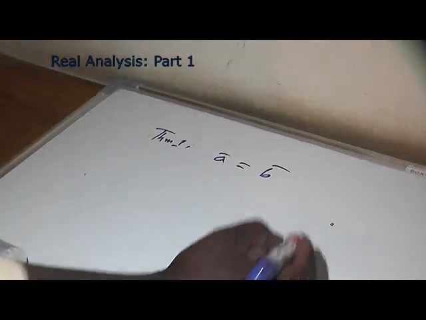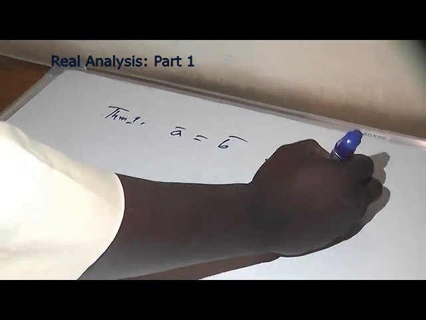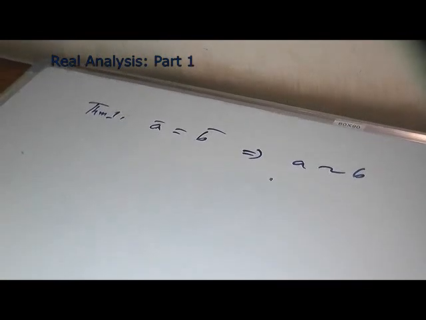Another theorem, which we call theorem 2, is the reverse. If the equivalent class of A equals the equivalent class of B, it implies A is related to B. Proof.